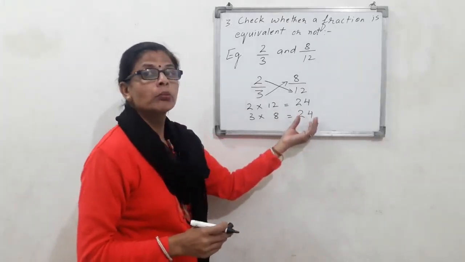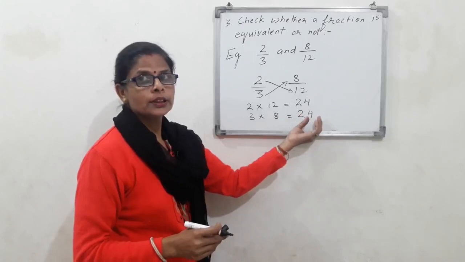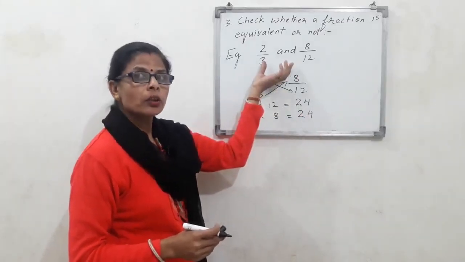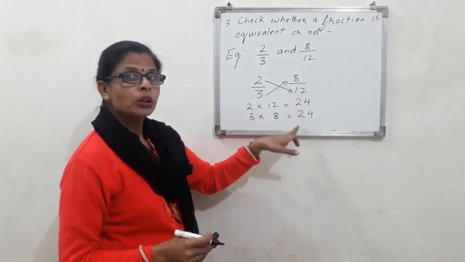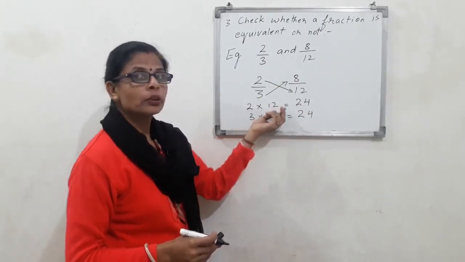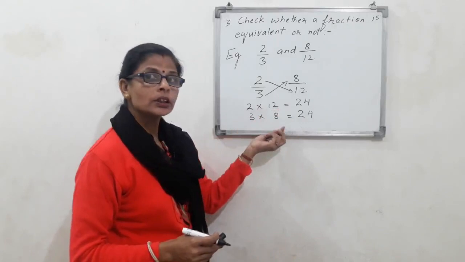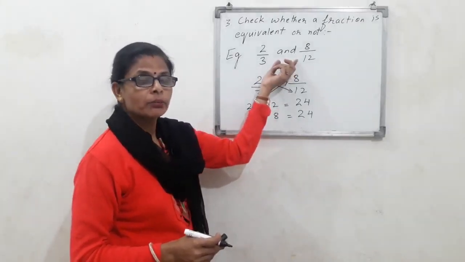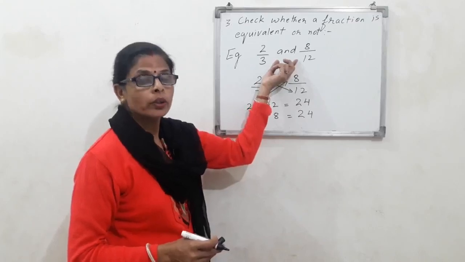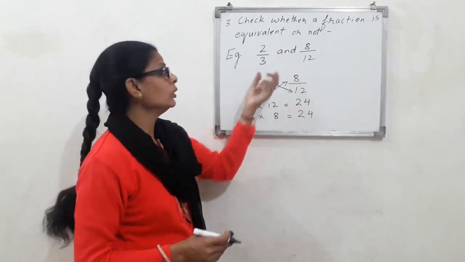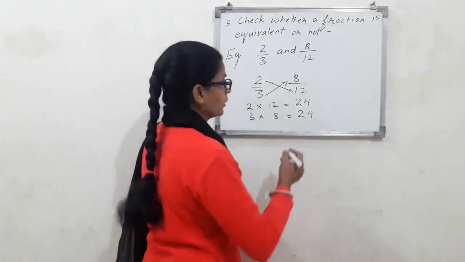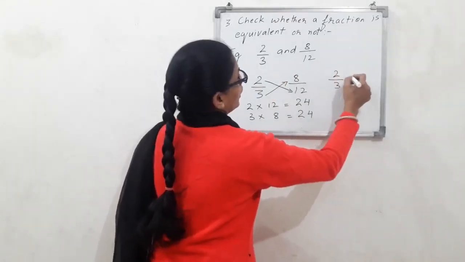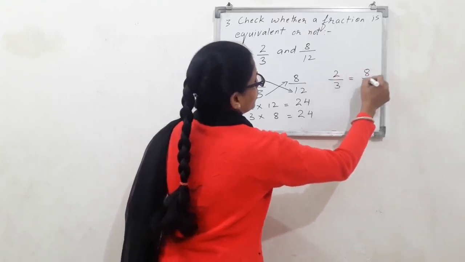If both the products are the same or equal, then the fractions are equivalent. In this, both the products are the same. 2 by 12 is 24 and 3 by 8 is 24. So 2 by 3 and 8 by 12 are equivalent to each other. So we will write 2 by 3 equals 8 upon 12.